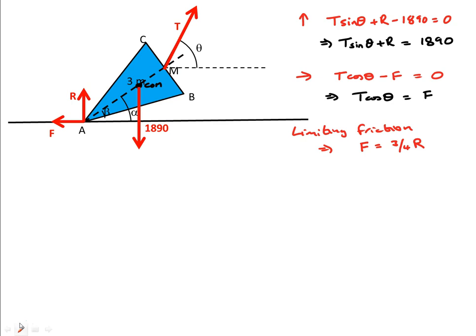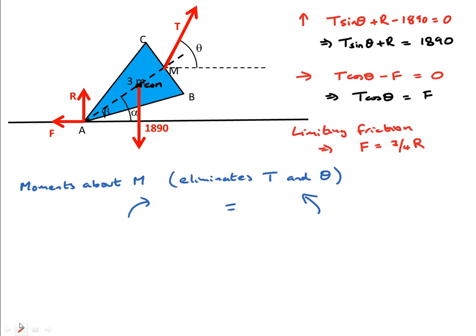Probably the easiest place to take moments about is M. Taking moments about the point M will eliminate both T and theta, and then we can say that the clockwise moments must equal the anti-clockwise moments.